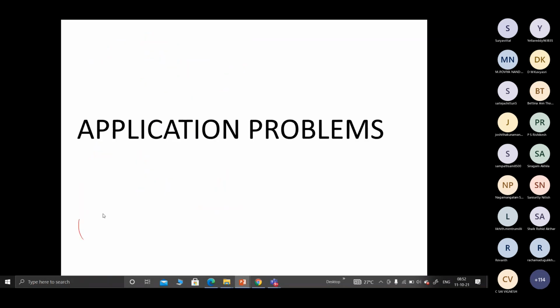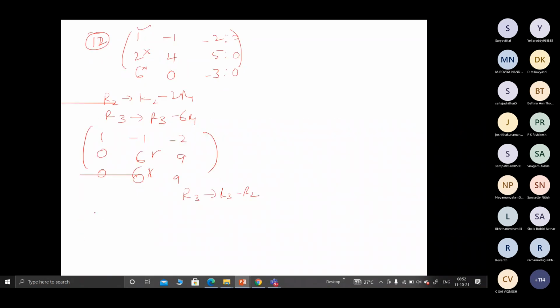So therefore, 1, minus 1, minus 2, then 0, 6, 9, then 0, 0, 0. Fine. Now you can make this 1. So divide by 6.